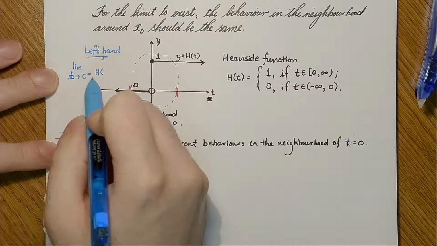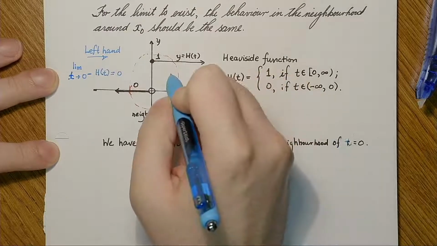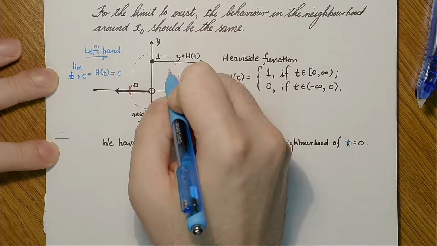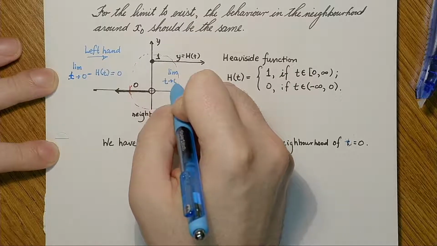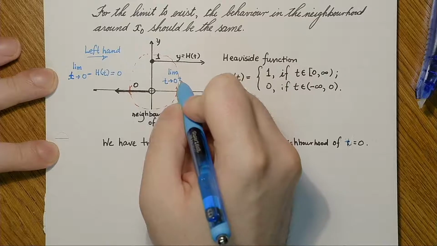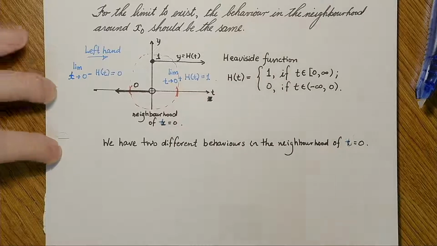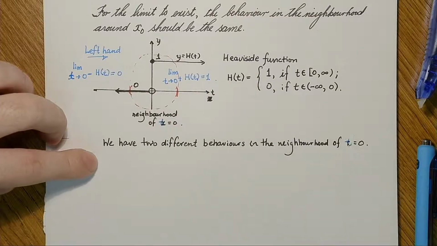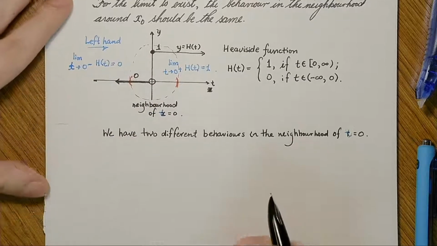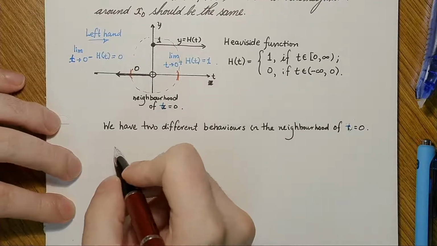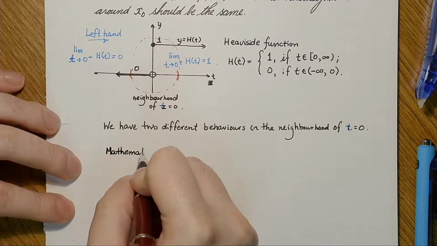So approaching it from the left-hand side of the Heaviside function, we get 0. And from the right-hand side, we'll use a plus. So as t goes to 0 from the right of h of t is equal to 1. So we have two different behaviors. This is what we have graphically, and this is what we have mathematically.